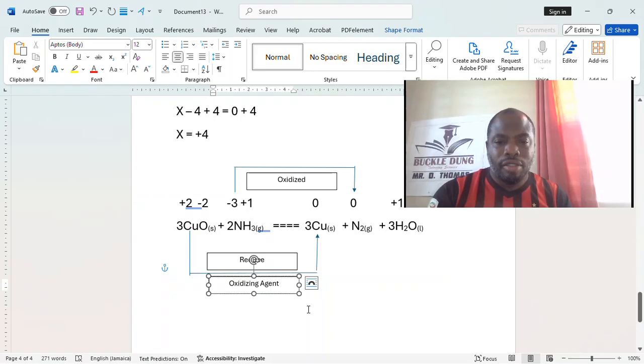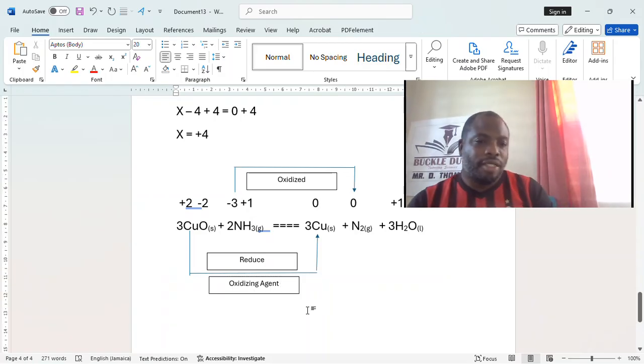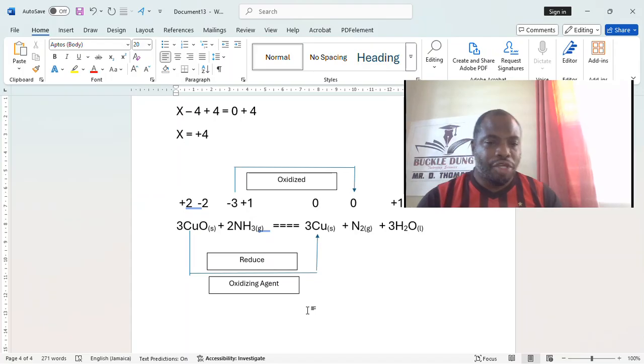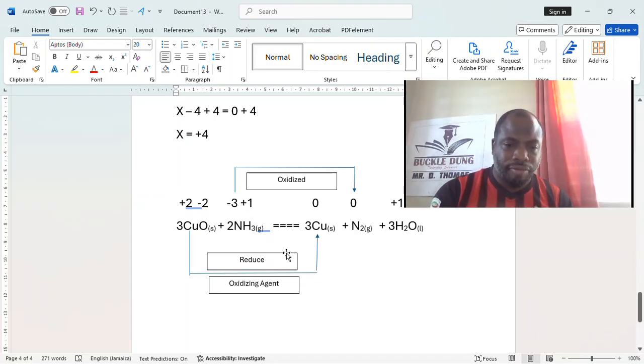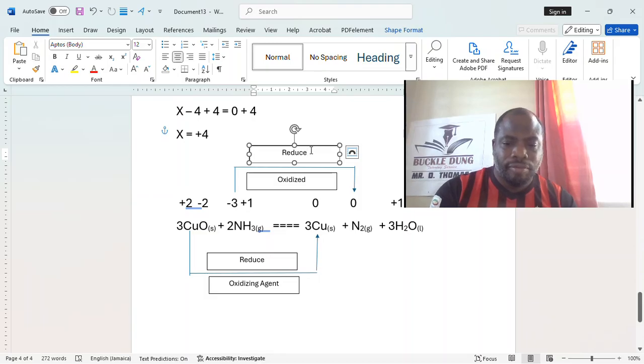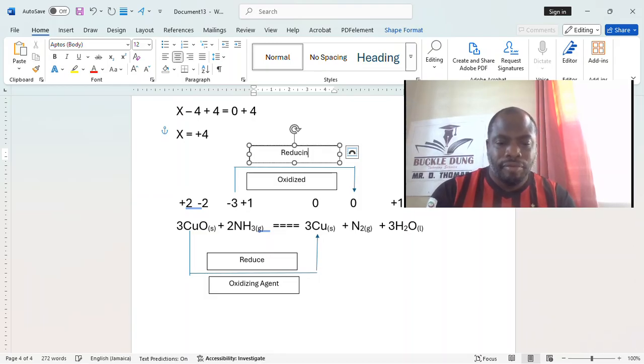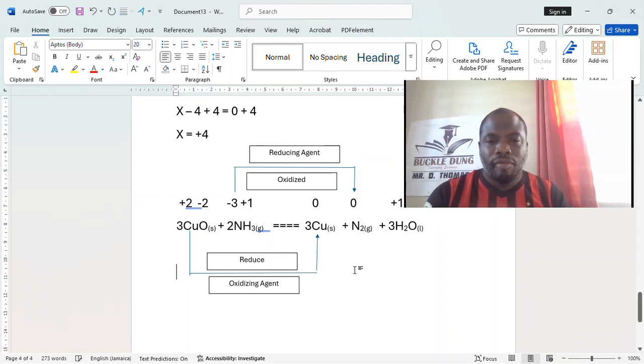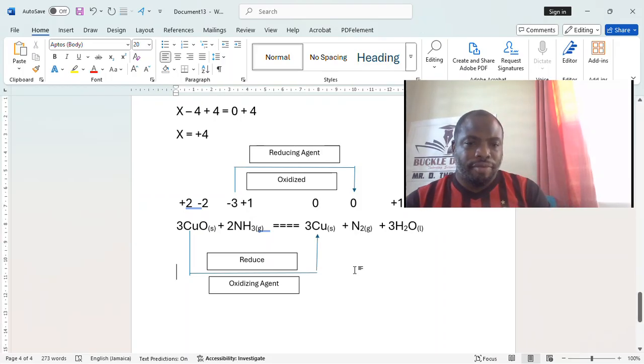Which brings us to a simple application. Who is causing the other compound to be reduced? The ammonia.